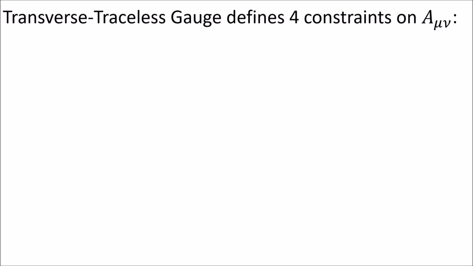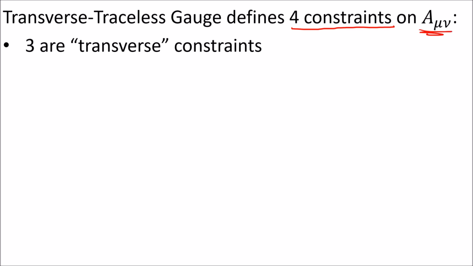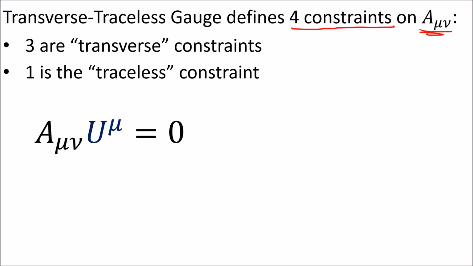So starting in any Lorenz gauge coordinate system, we pick out a specific Lorenz gauge coordinate system called the Transverse-Traceless Gauge by defining 4 constraints on the wave amplitude A. 3 of these constraints come from requiring that the wave oscillations are transverse to an observer with a four-velocity u. And the 4th constraint demands that A be traceless.